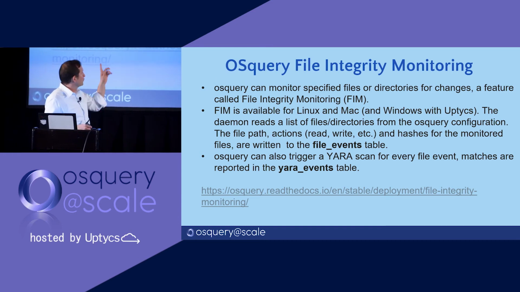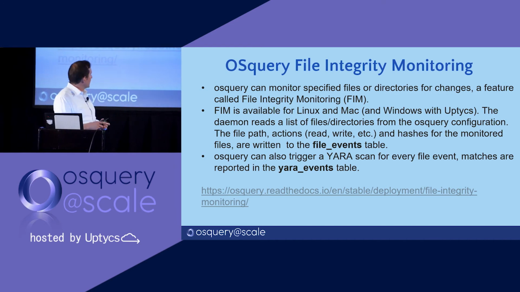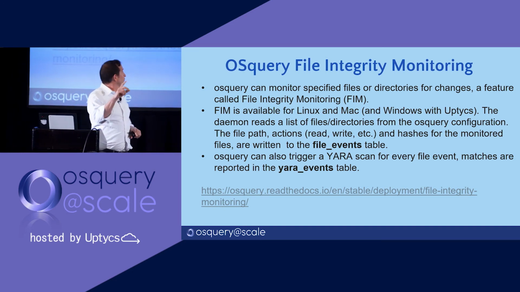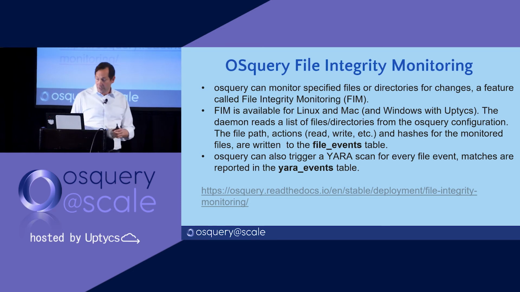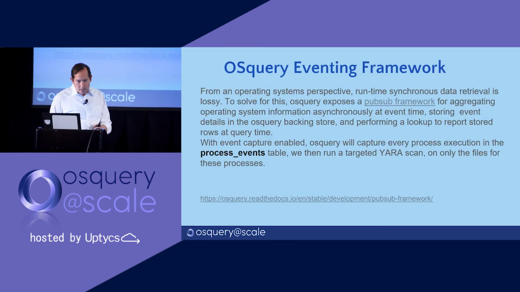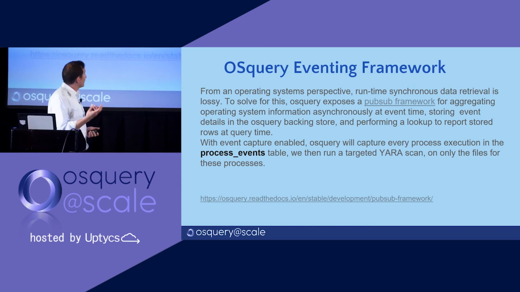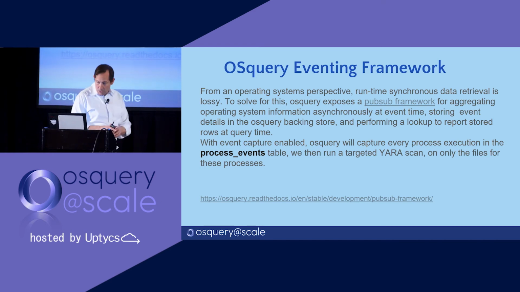But we'll talk about that in a second. So I think perhaps the identifier is limited to one table. So once you switch, by turning on the YARA events, you'll no longer see records in file events. And then for the process events, we'll turn on the eventing framework and we'll use process events, and then we'll start running our YARA scans for everything in the process events table.